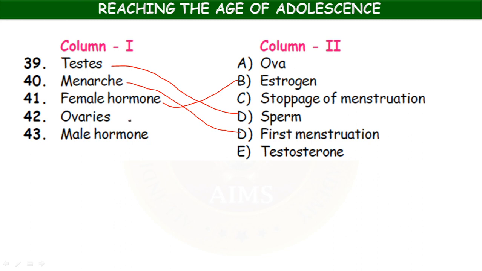The ovary is a female reproductive organ which produces ova. The male hormone is testosterone.